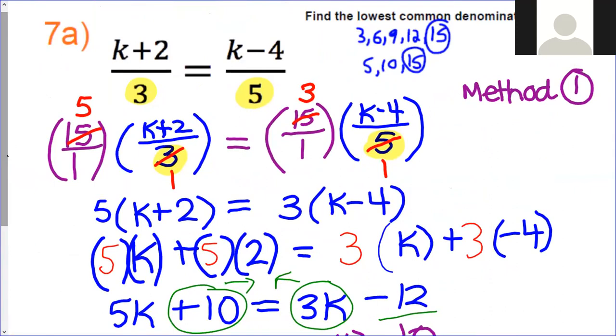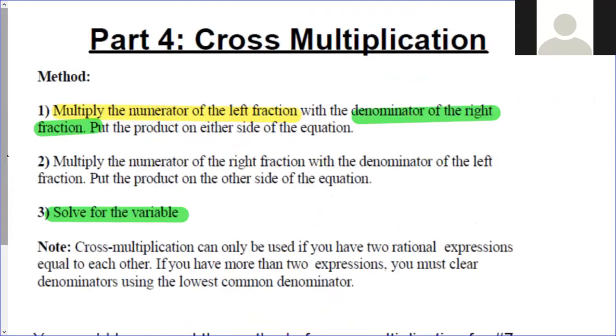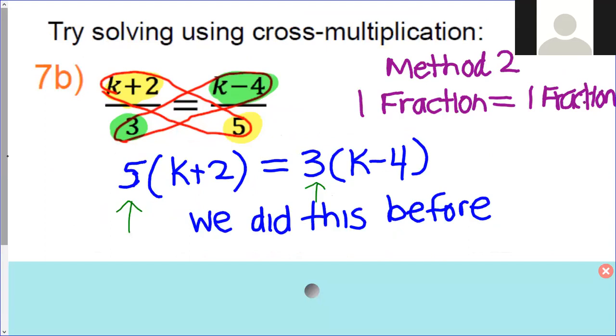We used a tougher method, which is multiplying both sides by the lowest common multiple. So this was actually already in your notes. I find that cross multiplying is the easier method for eliminating the fraction. So if you can write in your notes, we did this before.